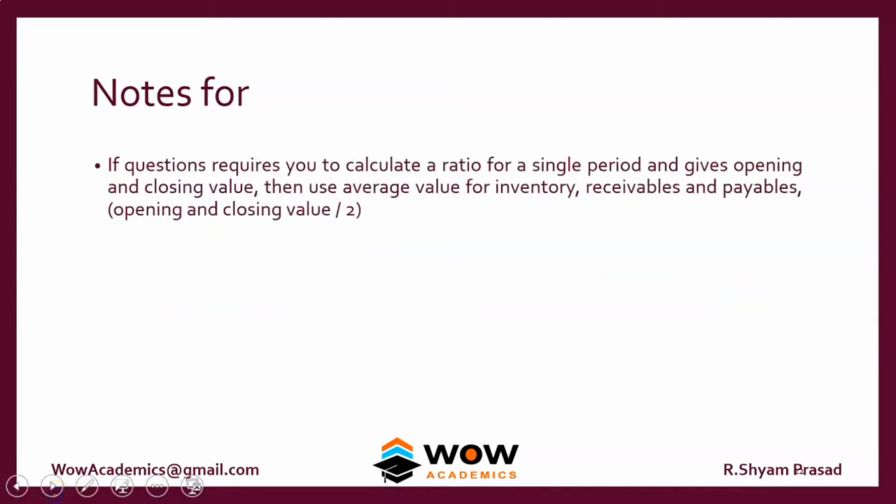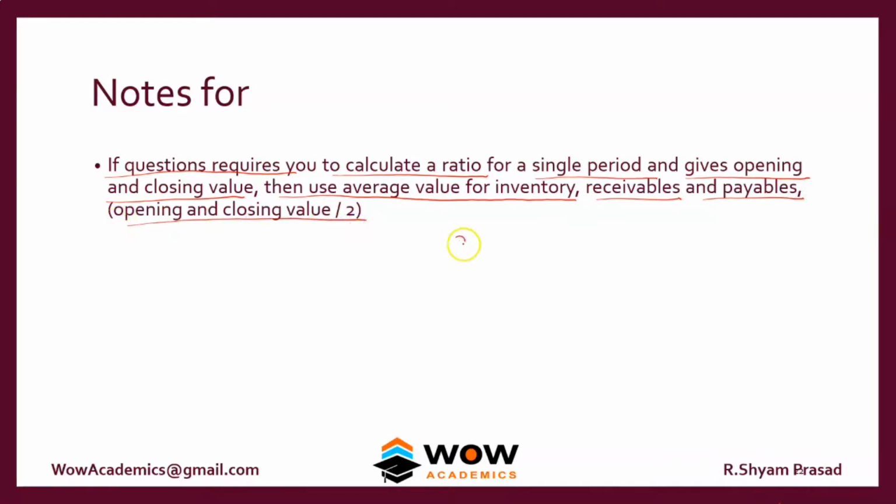So there are also additional notes. If the question requires you to calculate a ratio for a single period and gives opening and closing value, then use the average value for inventory, receivable, payables, that is opening and closing value.